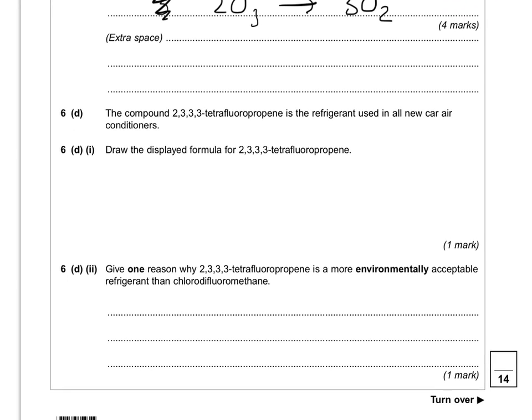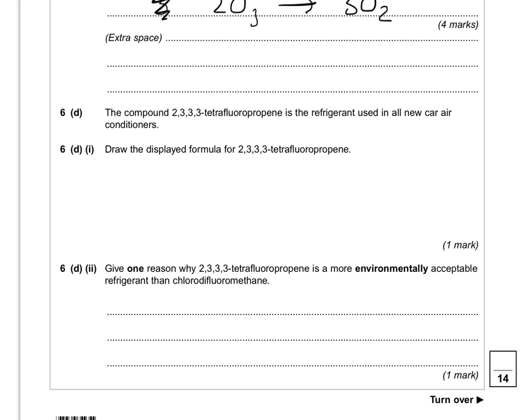And then the compound 2,3,3,3-tetrafluoropropene is the refrigerant used in all new car air conditioners. Draw it. So you've got 3 carbons, it's propene. Propene's a double bond, doesn't matter which side you put it, but I put it on that first one. And then you could just draw in the bonds that you've got to fill. So remember, each carbon has to make 4 bonds, no more, no less. Remember, the first carbon is going to be the one attached to this double bond, because you always name the functional group first.